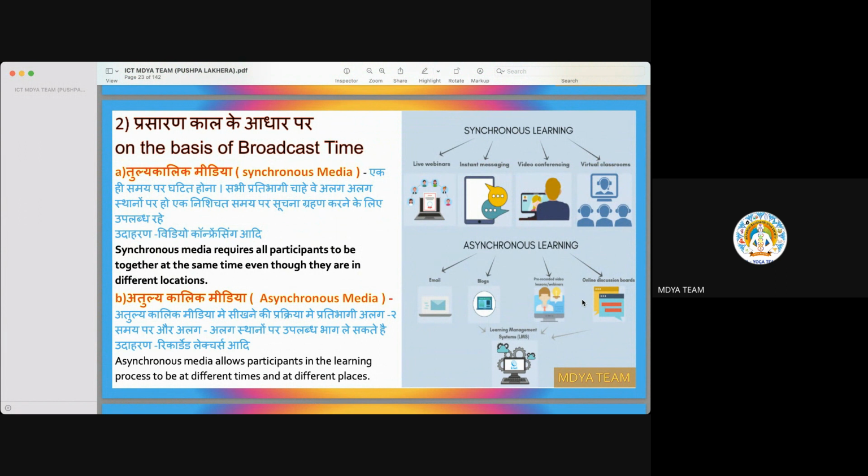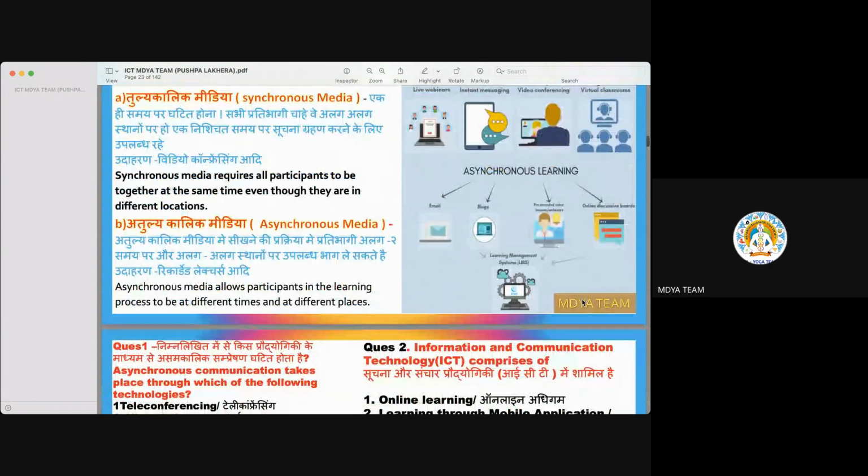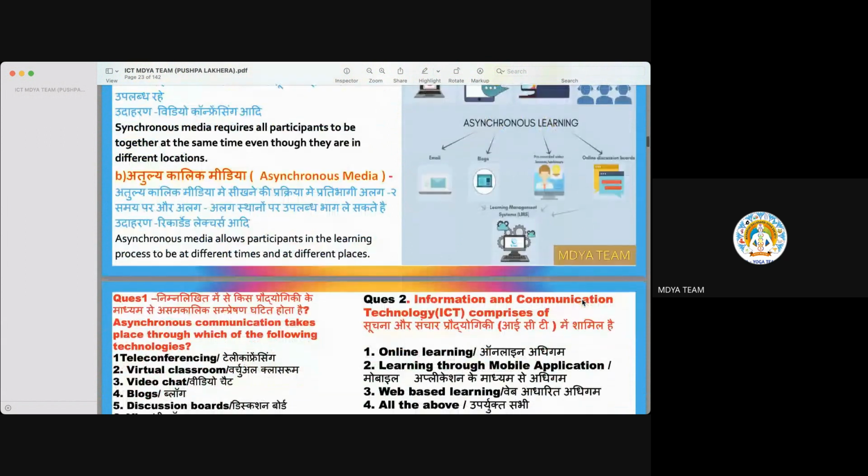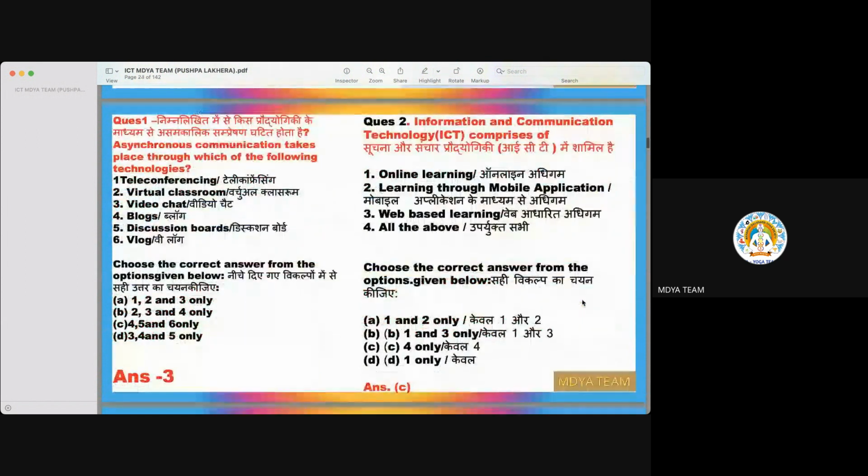You put your views, somebody else will put some other views at some other time. So that type of online communication is not real time. It may be question and answer, it may be discussion on some topic, it may be of that sort.